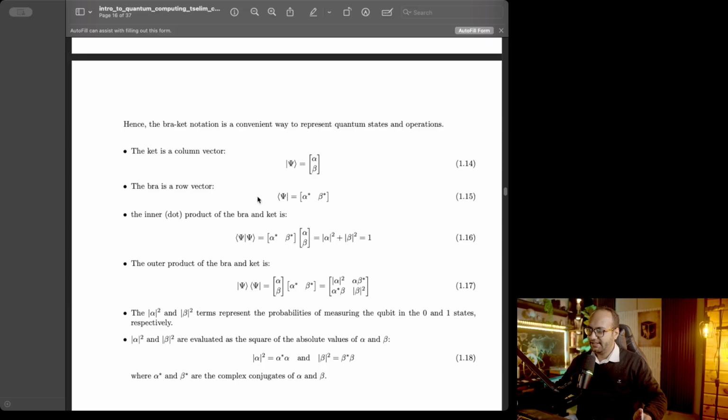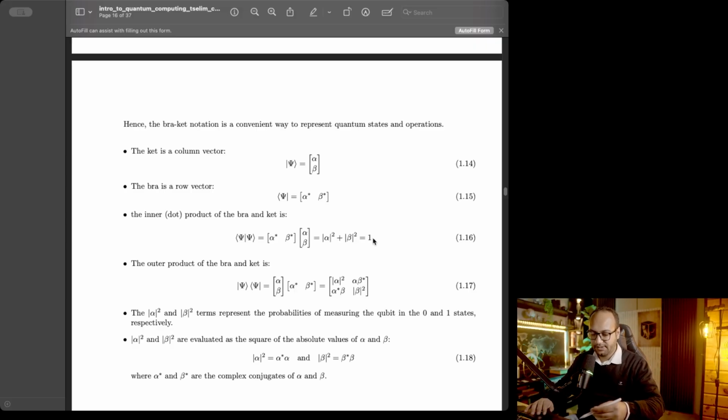So the bra is actually the complex conjugate transpose of the ket. So we get a row and, of course, the complex conjugate of these numbers. And if we take the dot product of both, with the row, which is the bra, and the column, which is the ket, together we get 1, and this is why it's called bra and ket notation.